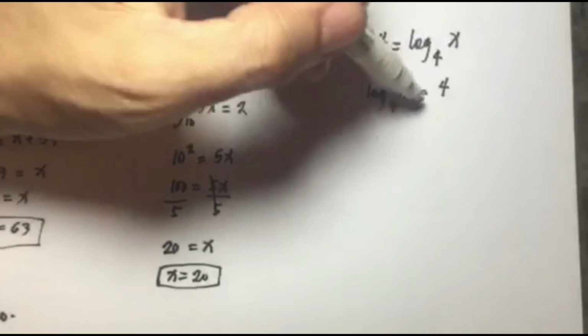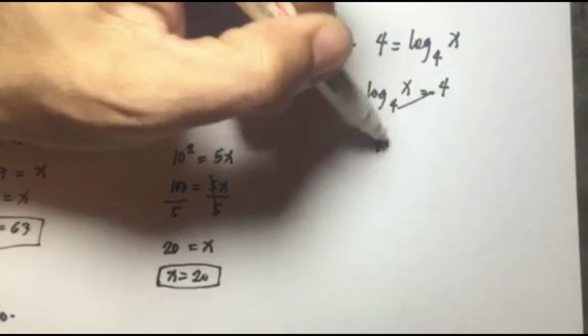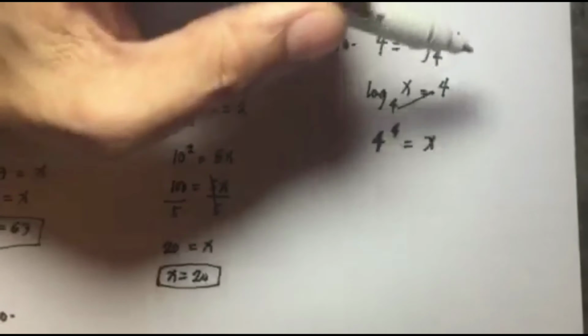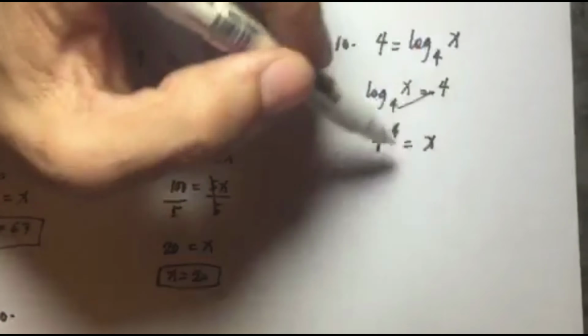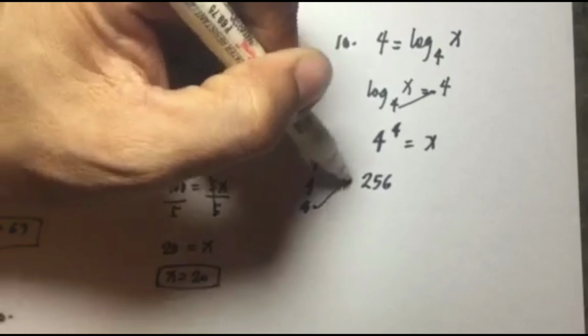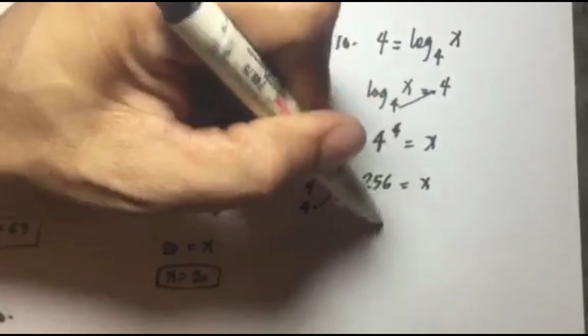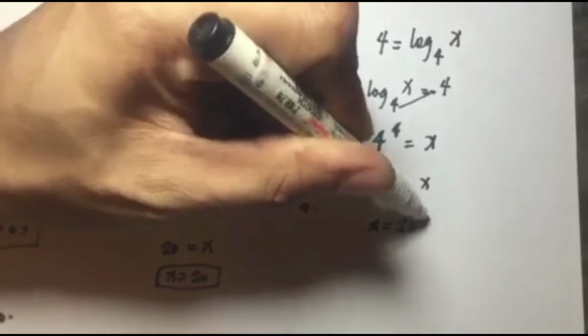So, transform into exponential form, that will become 4 raised to 4 equals x. And the value of 4 raised to 4 is 256. Tama ba yun? Okay, 4 times 4 is 16. 16 times 4 is 64. Times 4 is 256. And that is the value of x, 256.